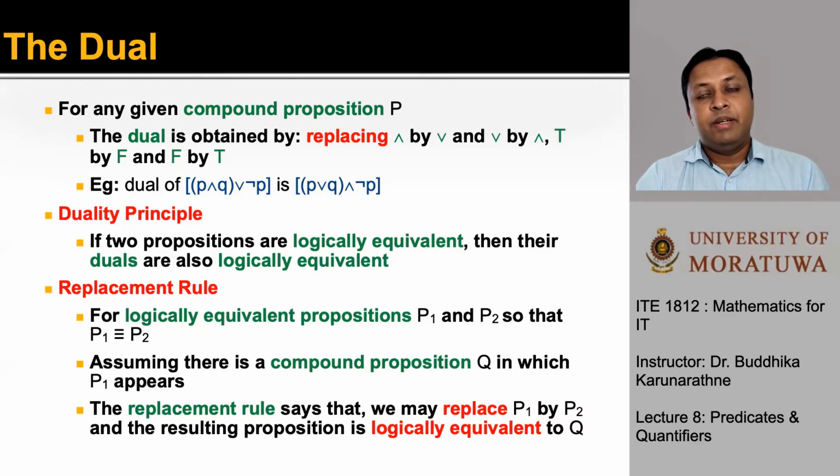So for logically equivalent propositions P1 and P2, so that P1 is equivalent to P2, assuming there is a compound proposition Q in which P1 appears, the replacement rule says that we may replace P1 by P2 and then the resulting proposition is logically equivalent to Q. So basically replacing P1 by P2, the resultant proposition is logically equivalent to the original proposition, which was Q. So that is the replacement rule.